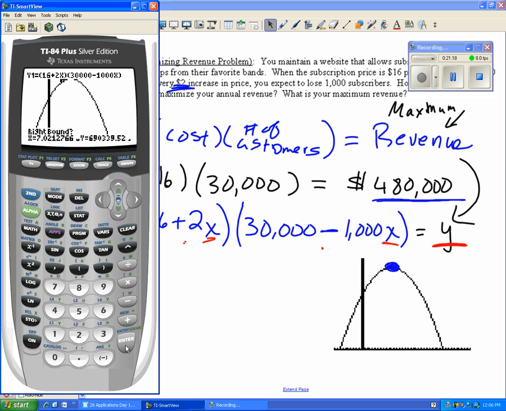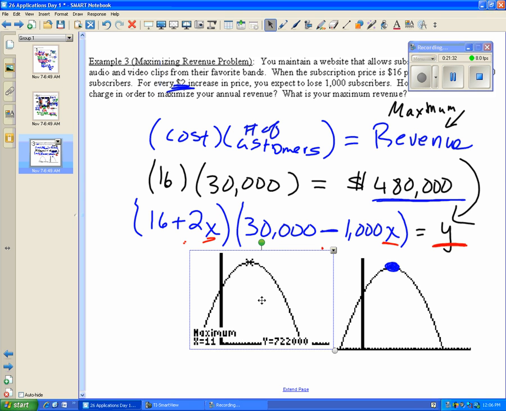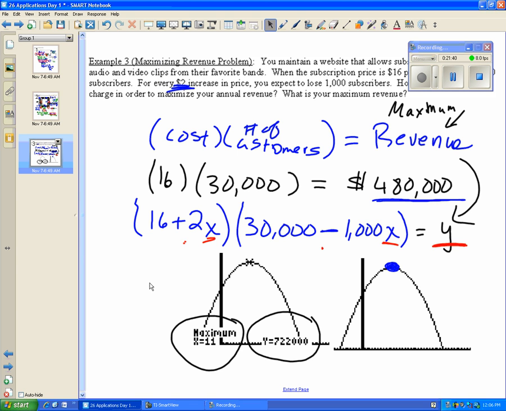It asks for a right bound, so I'm going to arrow over to right of the maximum and hit enter. Then I go to the middle someplace and hit enter, and it maximizes it for me. And notice the maximized graph tells me two things. It tells me my number of increments, and it tells me my maximum revenue.